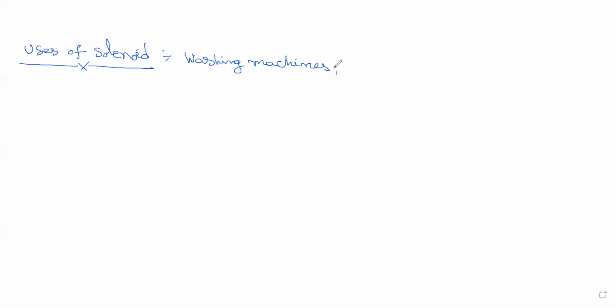When you press the button, it will let the water in. There, the solenoid will be coming. Also in gas pressure lines, and earlier in picture tubes in TVs.